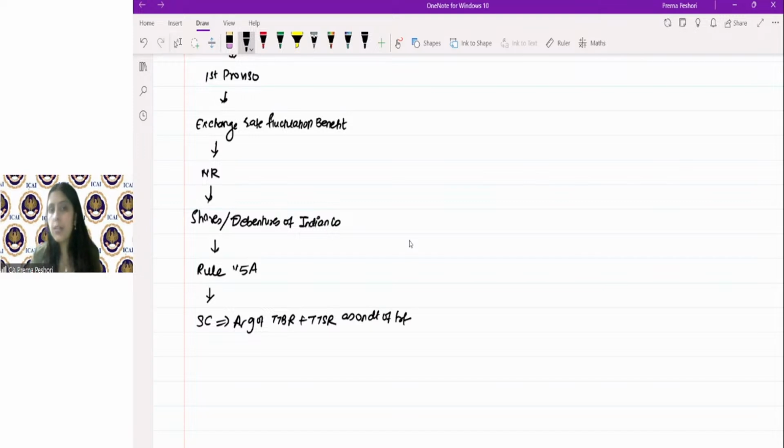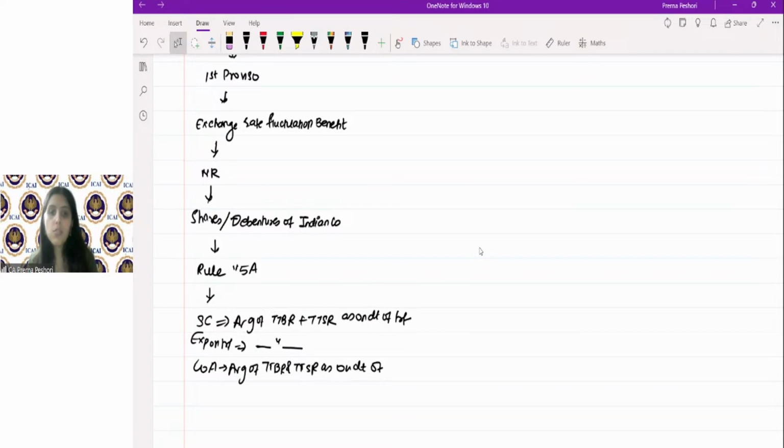This has to be converted. Okay. Same is for the expense on transfer: average of TTBR and TTSR as on the date of transfer. Cost of acquisition: average of TTBR and TTSR as on the date of acquisition.